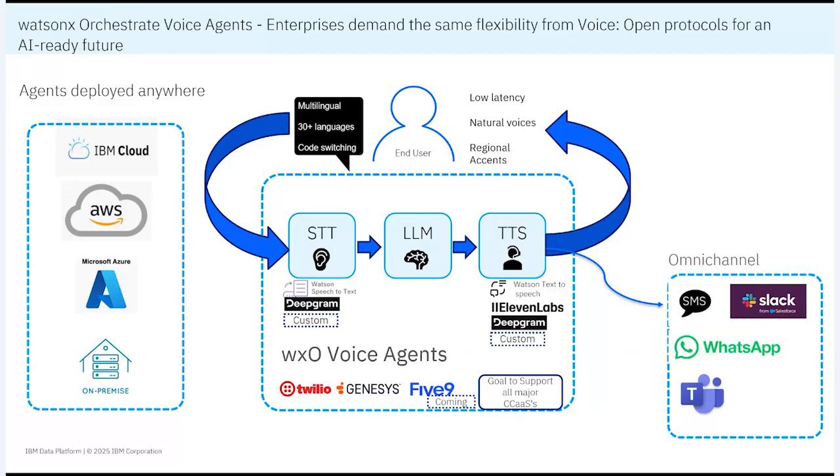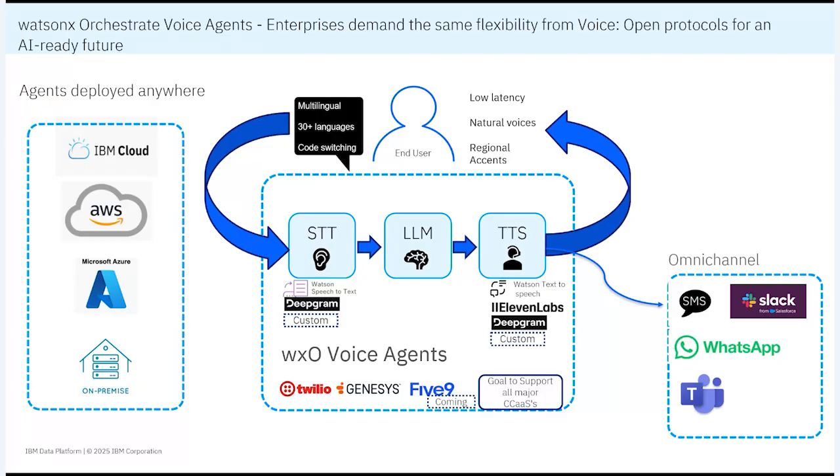As you build agents, you may decide to leverage the voice modality in watsonx Orchestrate Agent Builder. Looking at this conceptual architecture, we see an end user's path taking them through Watson speech to text, then moving on to a large language model for processing and response generation, and back to the user through Watson text to speech.